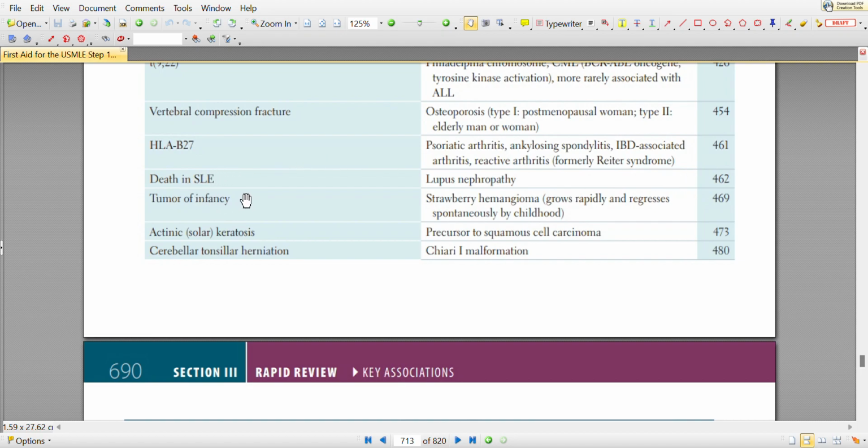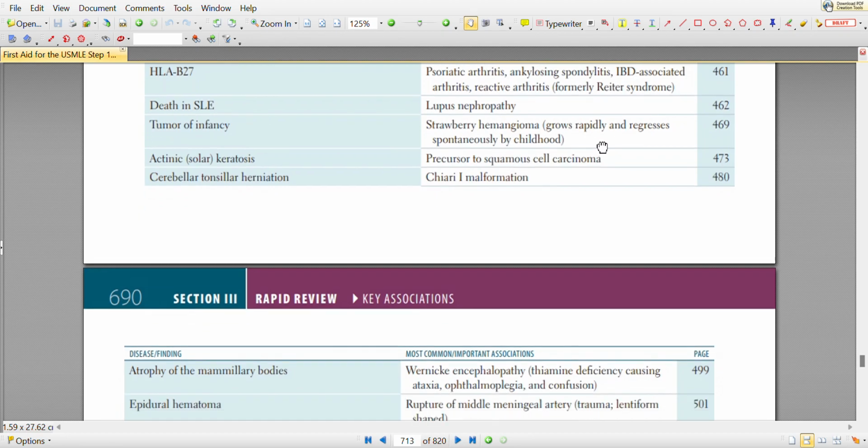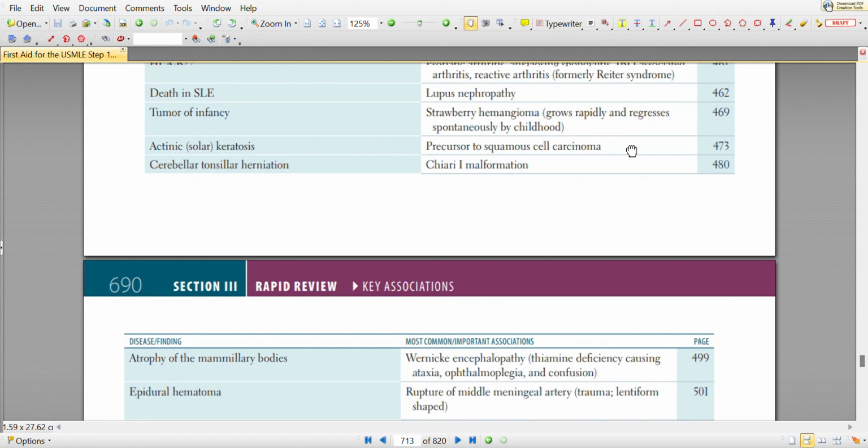Death in SLE is commonly associated with lupus nephropathy. For tumor in infancy, common association is strawberry hemangioma, which grows rapidly and regresses spontaneously by childhood. Actinic solar keratosis is commonly associated with being a precursor to squamous cell carcinoma.